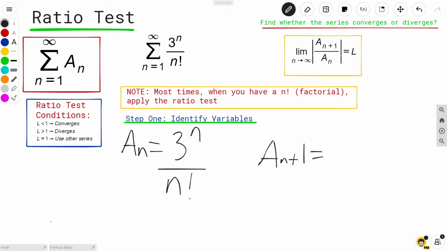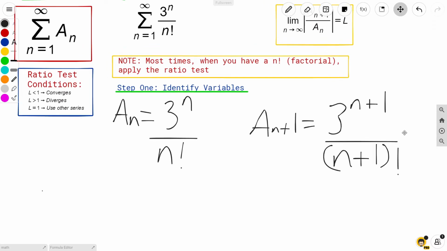For a sub n plus 1, we add 1 everywhere we see n. So 3n plus 1 divided by n plus 1 factorial.